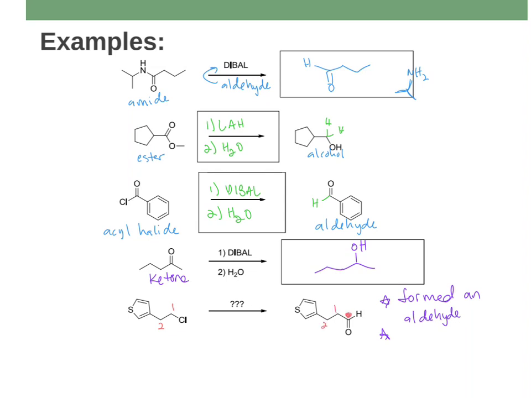It looks like I have a new carbon. I added a new carbon. So also I have 1 more carbon. So I must have done this from a carboxylic acid derivative. And then I reduced that carboxylic acid derivative to the aldehyde.